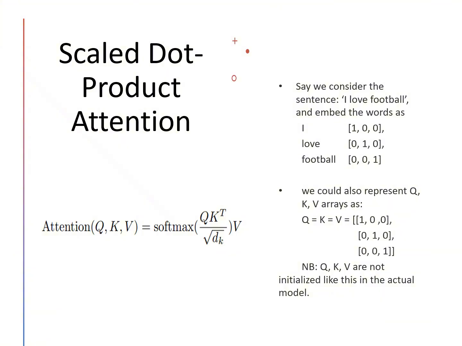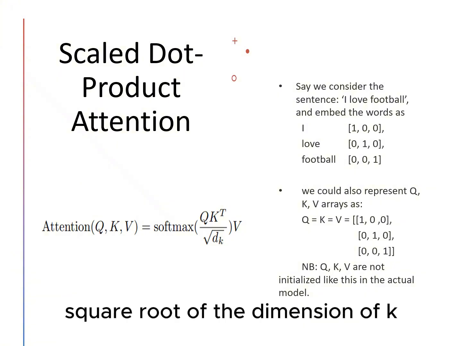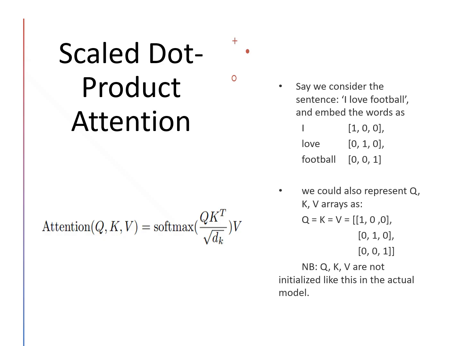And over here we can see a little bit of what happens in the attention layers. So this formula here gives us a little bit of it. Attention is carried out on Q the query, K the key, and V the value. It simply applies a softmax function looking like this, where you have a product of Q by K transpose, divided by the square root of the dimension of K, and multiply that by the values.